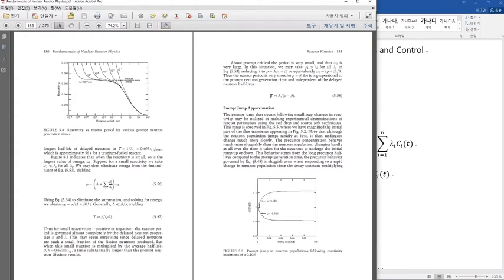I also told you that to exactly describe this prompt jump part, one thing is to find all the omegas from omega 1 to omega 7. If we exactly apply the equation, then we will be able to find this prompt jump behavior. But the amount of prompt jump can be easily approximated.